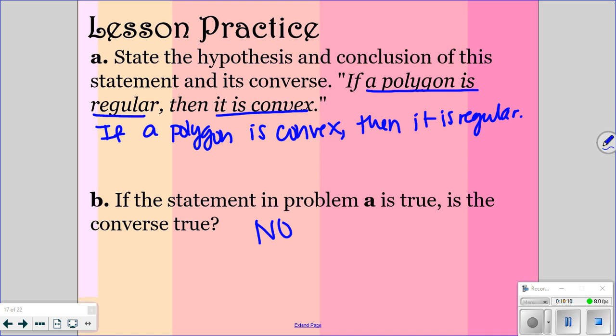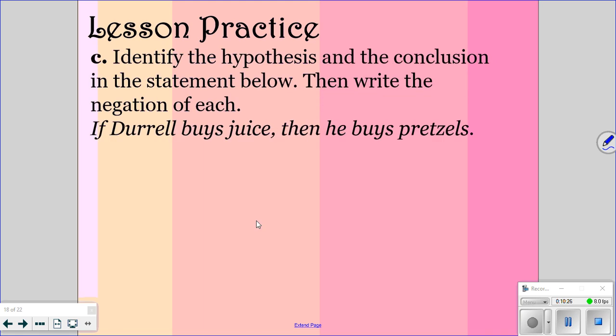But if a polygon is regular, then it is a convex figure. We've talked about that. Concave figures are not regular. So if it is regular, it is a convex figure. But just because it's convex does not mean it is regular. So y'all try this one. Again, pause the video and go over it, and then I'll go over it after y'all have tried it.